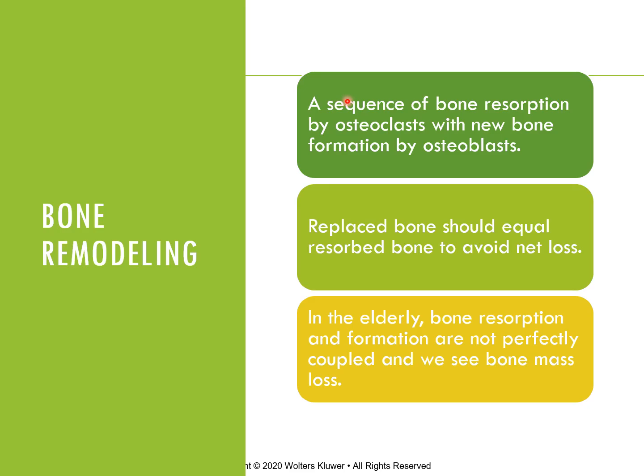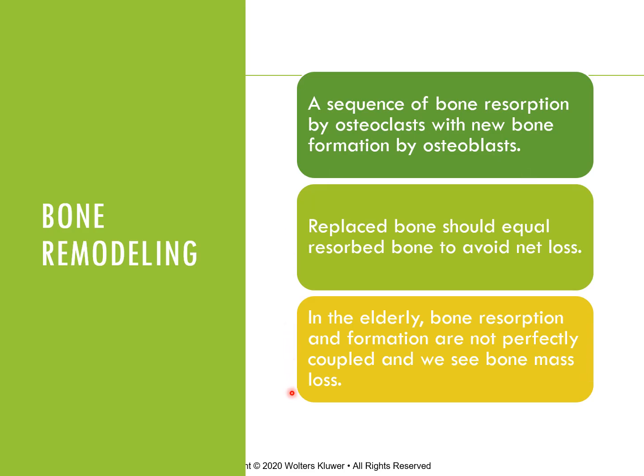It's characterized by this overall sequence of bone resorption or breakdown, done by cells called osteoclasts, and then formation of new bone to take its place, done by osteoblasts. The replacement of bone by osteoblasts should equal the amount of resorbed bone via osteoclasts. They have to be equal, or in equilibrium, to avoid any net loss of bone tissue.